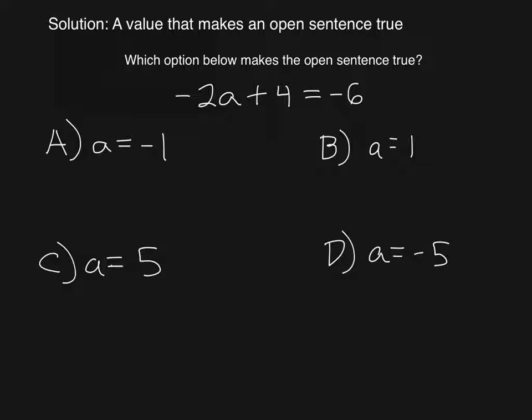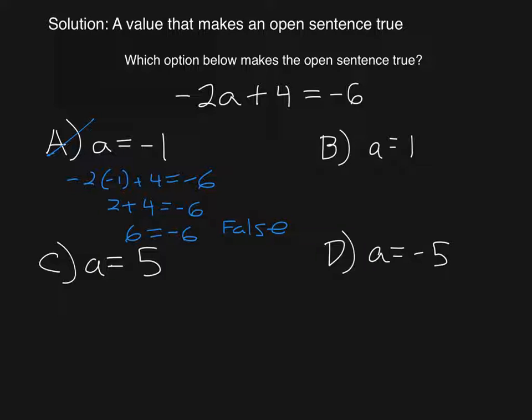If I substitute negative 1 for a, negative 2 times negative 1 is 2, plus 4 equals negative 6. 2 plus 4 is 6, so now we have 6 equals negative 6. This is not a true equation. This is false, so A cannot be an answer.